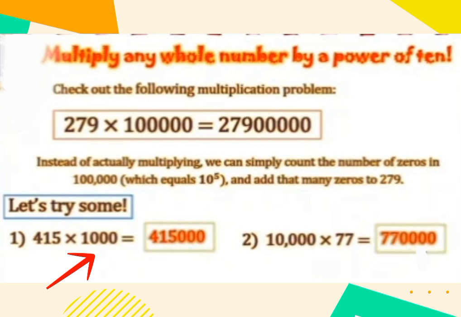So we add 3 zeros to 415. Part 2, 10,000 times 77, we simply add 4 zeros to the whole number 77. So the answer becomes 770,000.